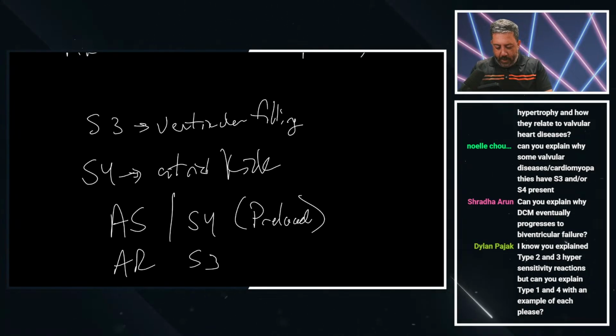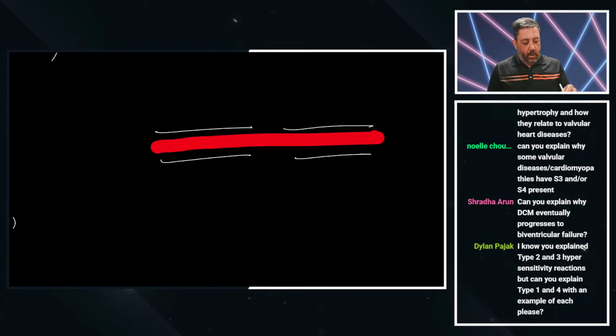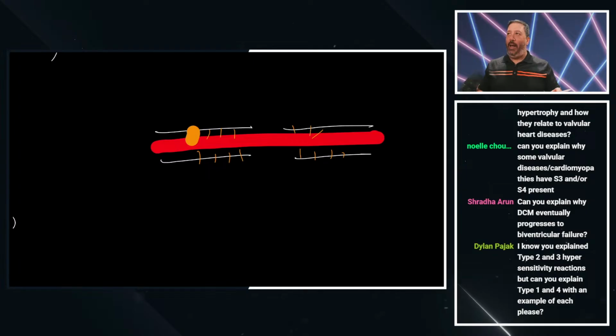Okay, next one is, why do dilated cardiomyopathies eventually progress to biventricular failure? When you have a dilated cardiomyopathy, the contractile proteins don't line up right. That's bad drawing there, but the proteins don't line up.